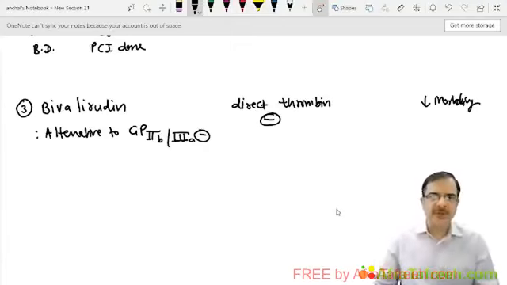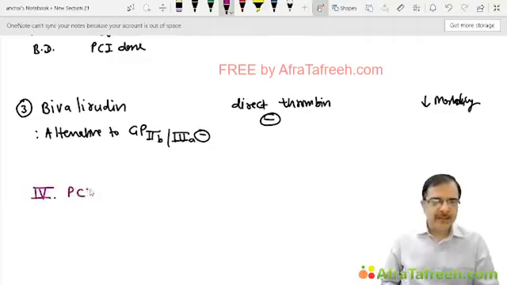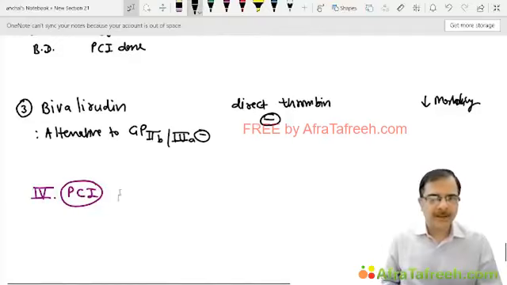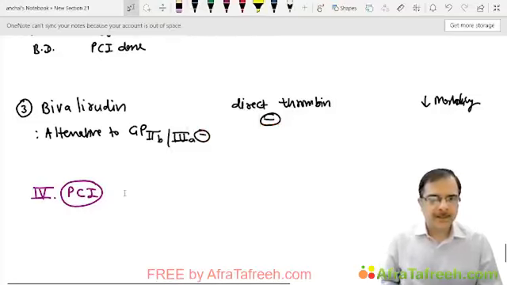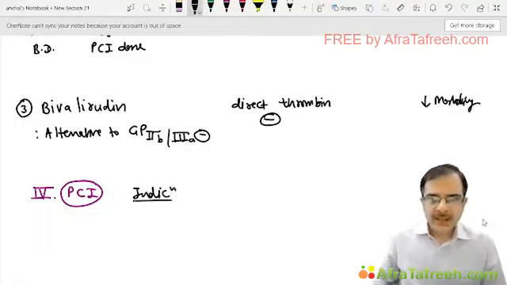Now come to the PCI, or percutaneous coronary intervention. The fourth mainstay of treatment is PCI. So when should the PCI be done? The indications.